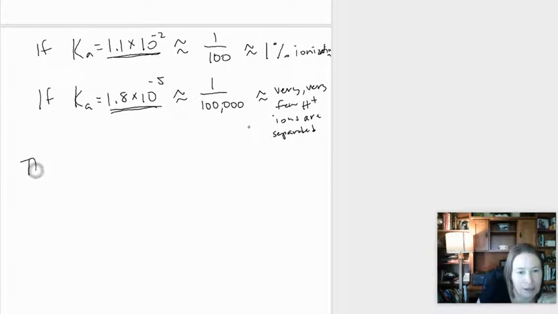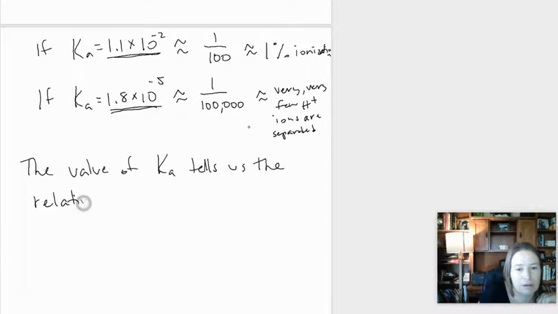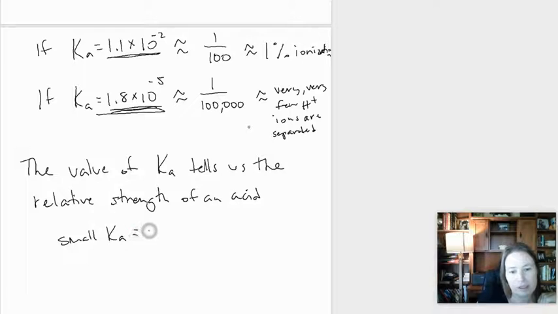The value of Ka tells us the relative strength of an acid. A small Ka, like we had here, which is very small, equals a very weak acid.